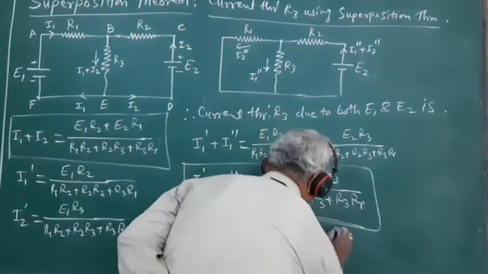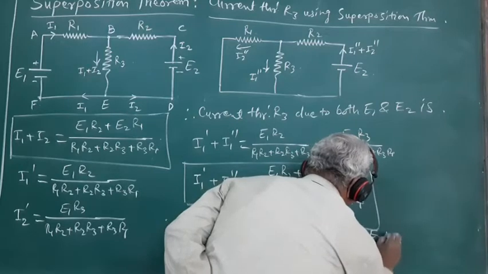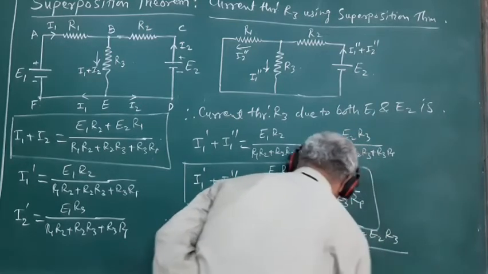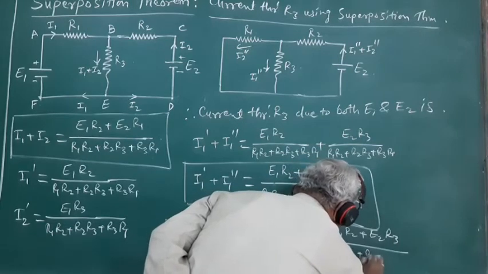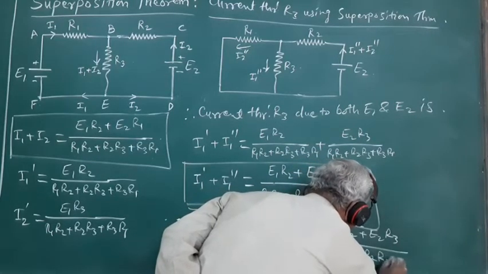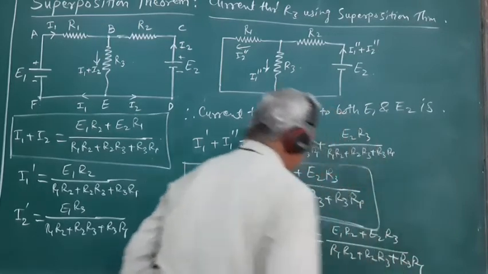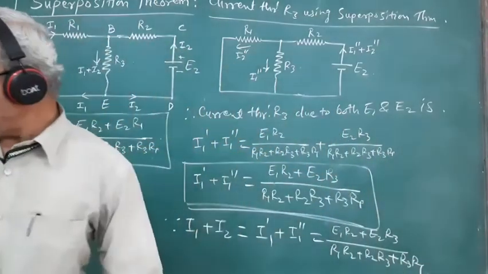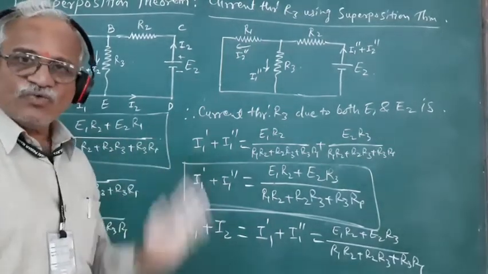So this is equal to E1 R2 plus E2 R3 divided by R1 R2 plus R2 R3 plus R3 R1.